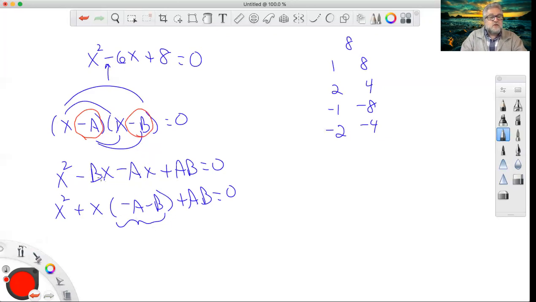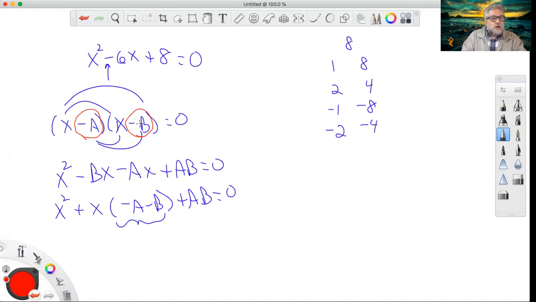These terms here, the outside 2 and the inside 2, are commonly referred to as the cross terms. So I will talk about them as cross terms a lot. So the cross terms are generated by the minus a and the minus b being combined together. That will always be the case.